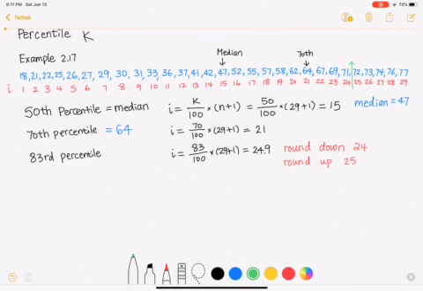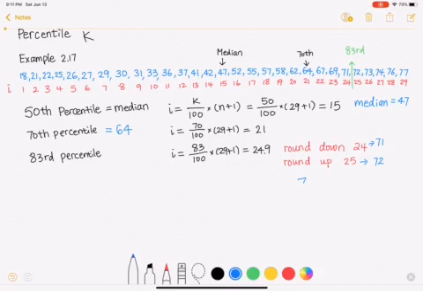That is our 83rd percentile, but we need to give a number as an answer. So how do we do it? We find the 24th number, which is 71, and we find the 25th number, which is 72, and we take the average of them.